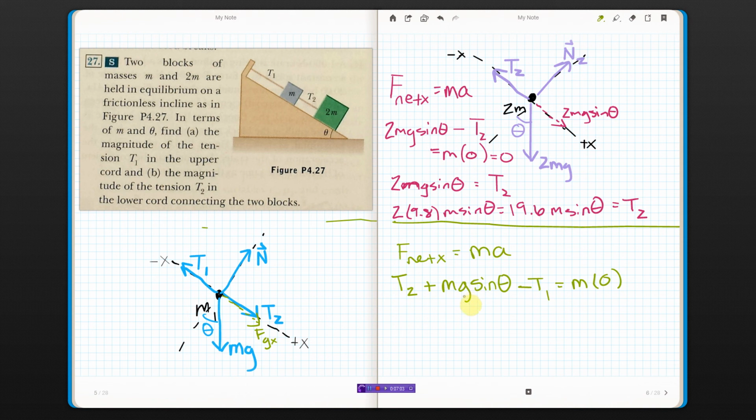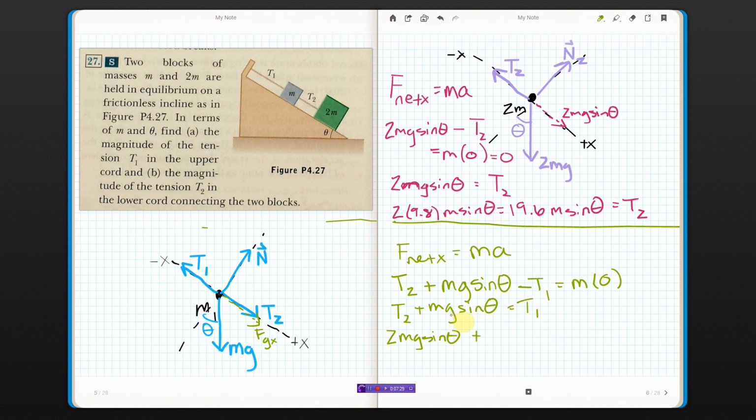This time I want to solve for T1, so I'm going to add T1 to both sides. What I get is T2 plus mg sine theta equals T1. Then for T2, I'm going to put in the value I found before. T2 was 2mg sine theta.